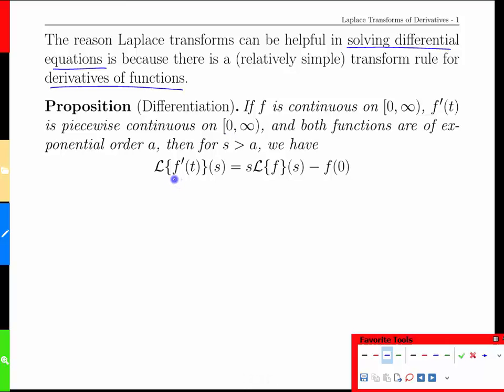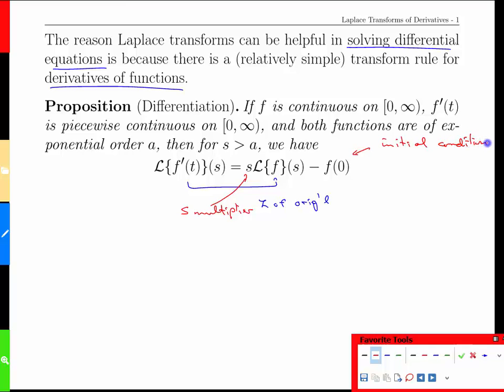So the key thing is the transform of the derivative of some function is exactly the same as the transform of the original function, except with some extra factors thrown in. We get an s multiplier, and we have a subtraction of the initial condition.